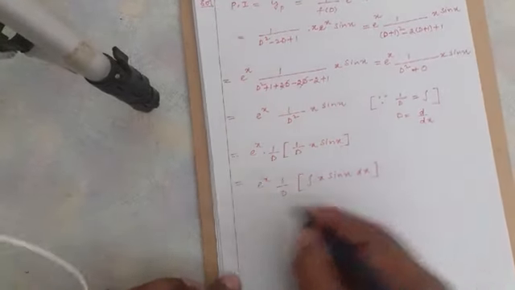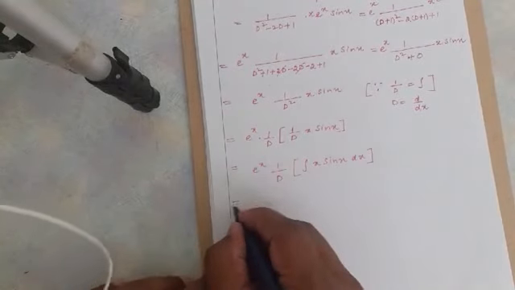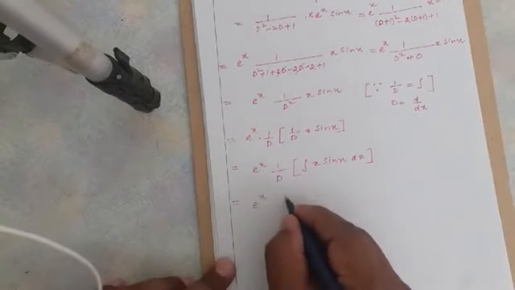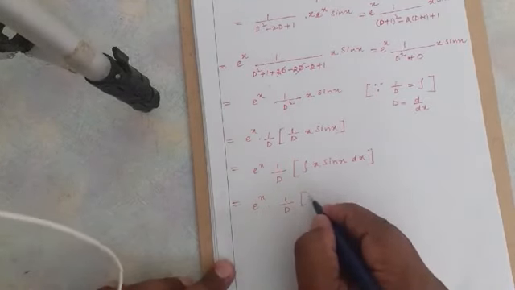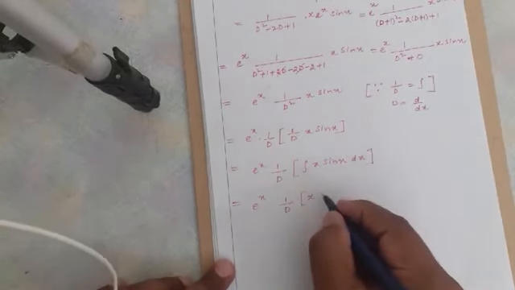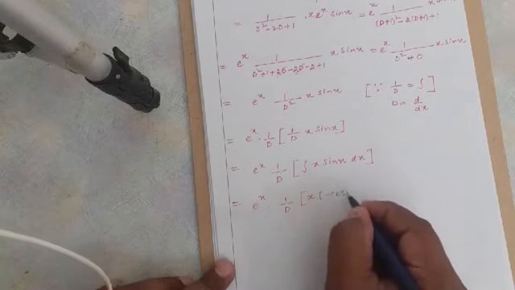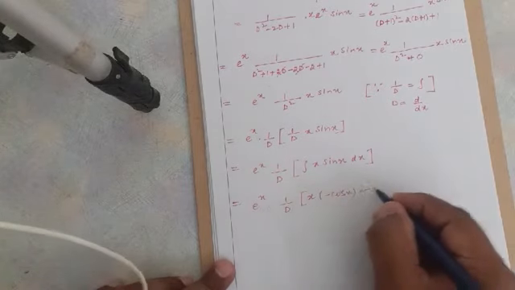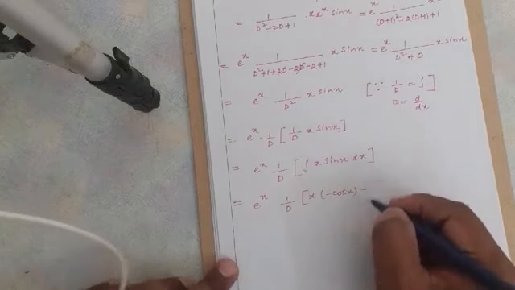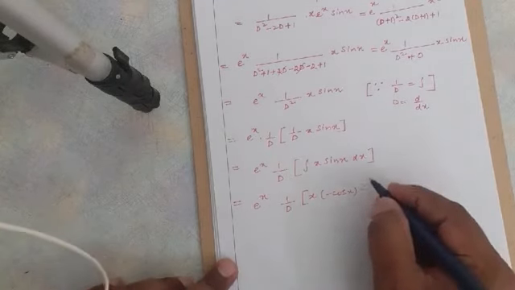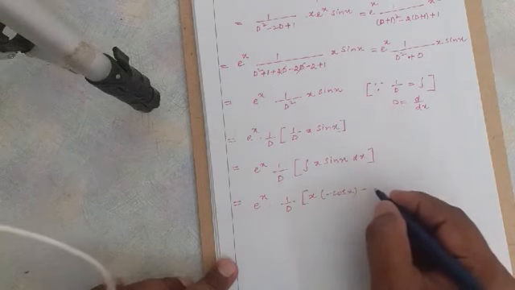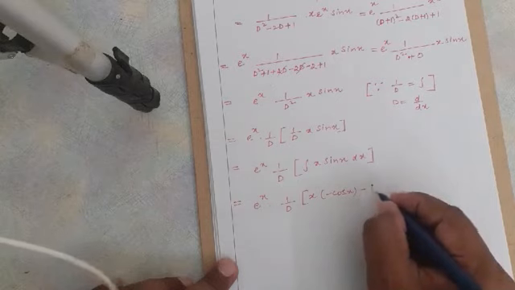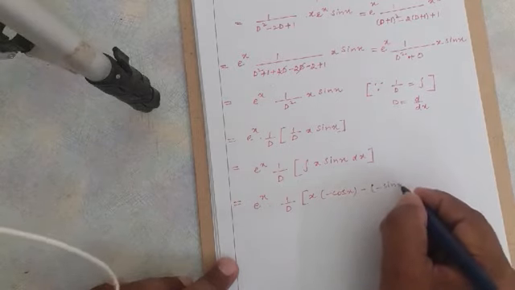Here you can write e^x into 1 upon D in bracket, x times integral of sin x, which is minus cos x, then minus integral of d by dx of x, which is 1, times integral of minus cos x, which is minus sin x.